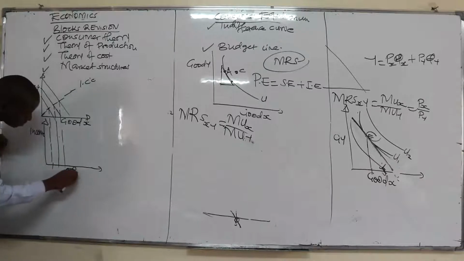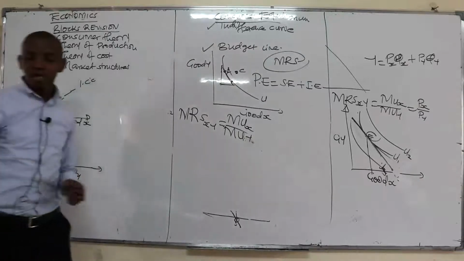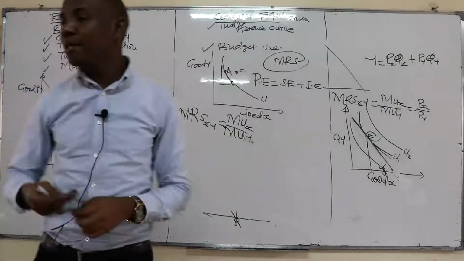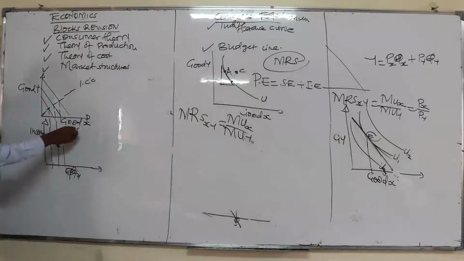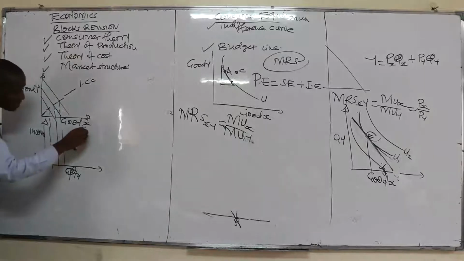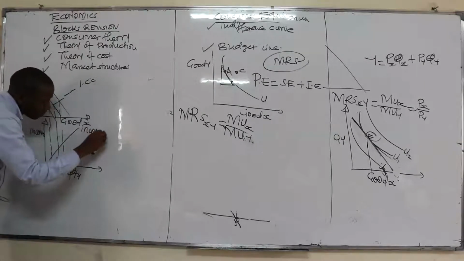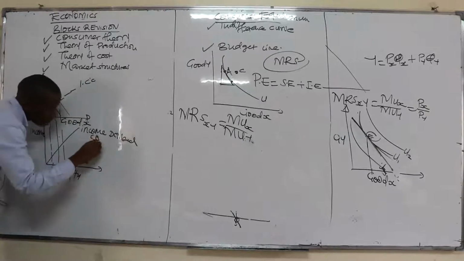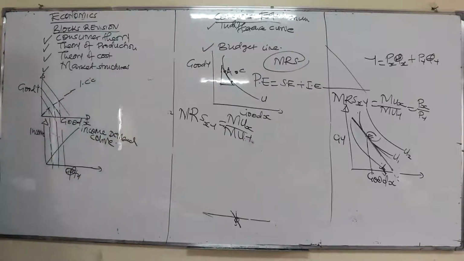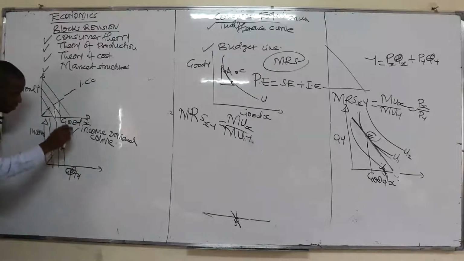This will just be the quantity. So what we mean here is that you are developing the income demand curve, which in this case is what we call the Engel curve.